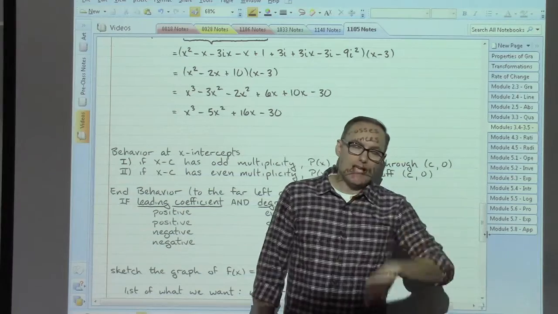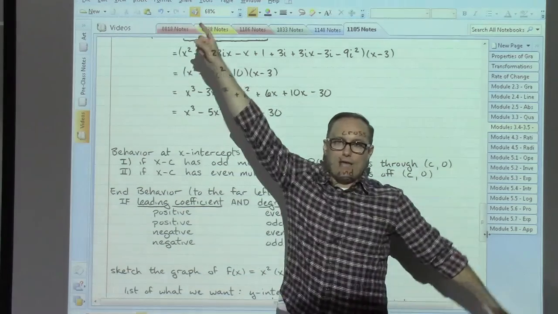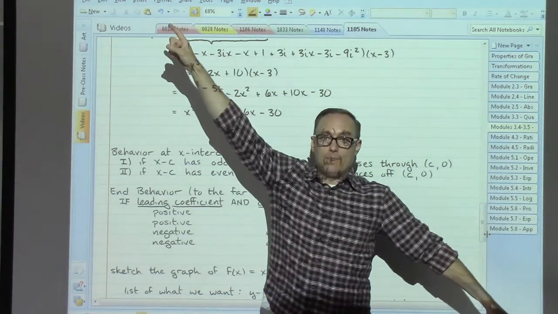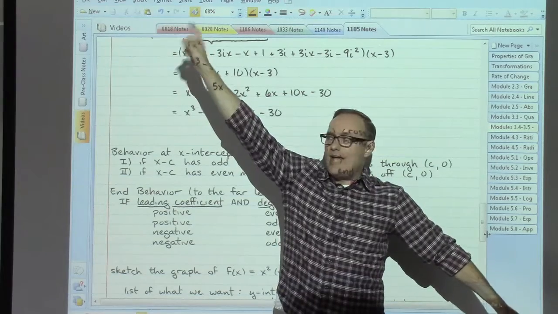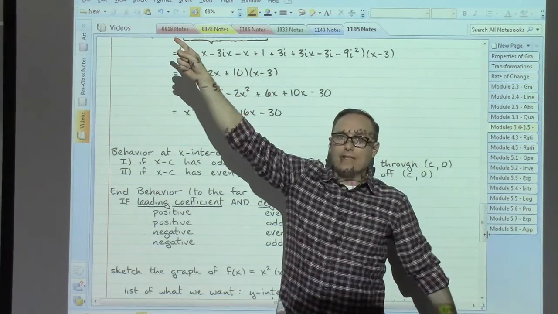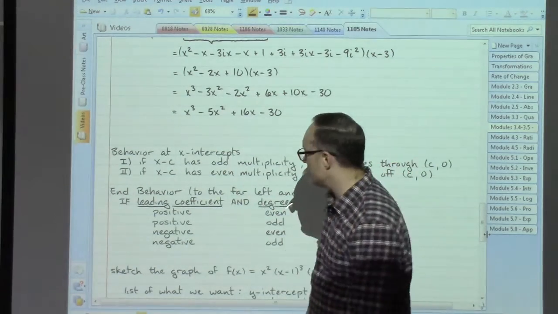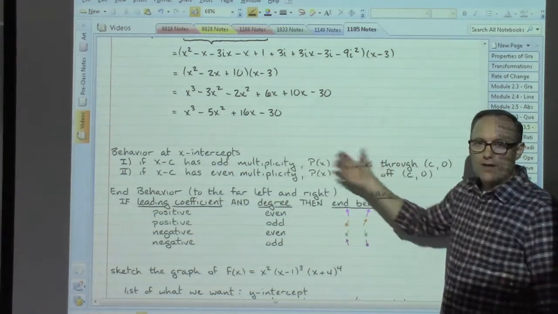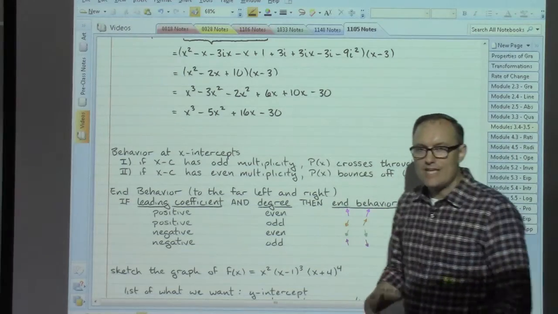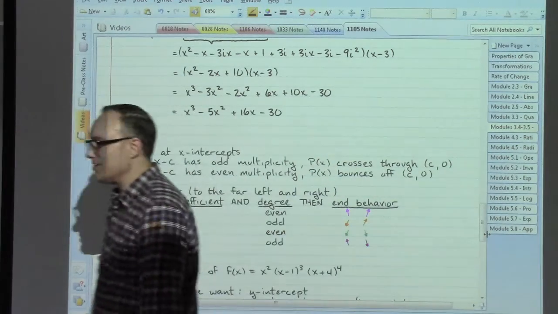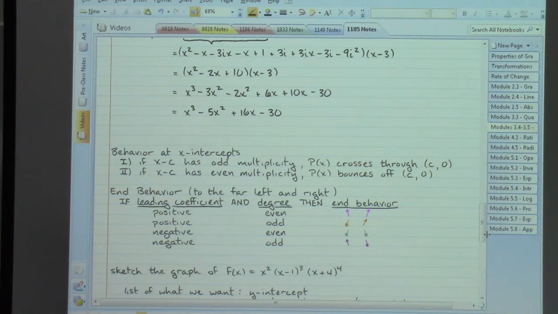If we change the leading coefficient to a negative, that would flip stuff around, flip it upside down specifically. And so up and to the left, down and to the right. What happens in the middle? Who's to say? Well, that's where our x-intercept and multiplicity and zeros and factors and such can come into play.